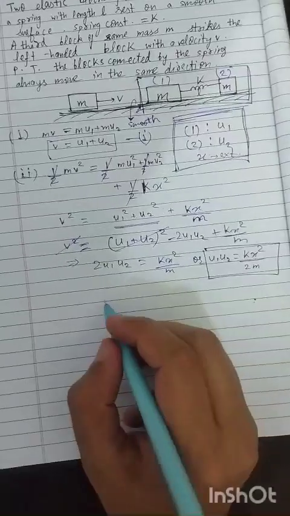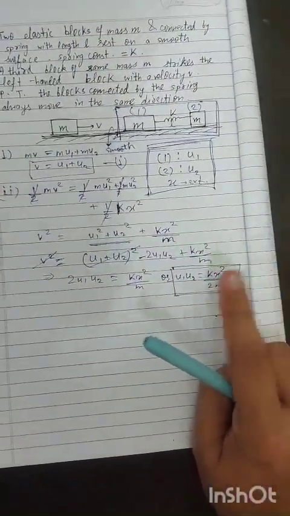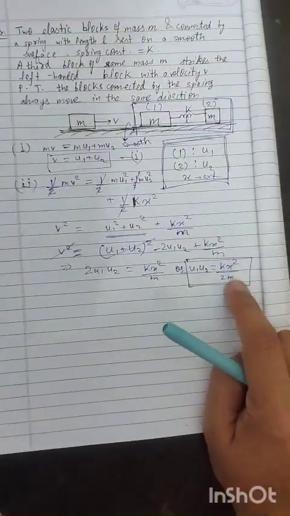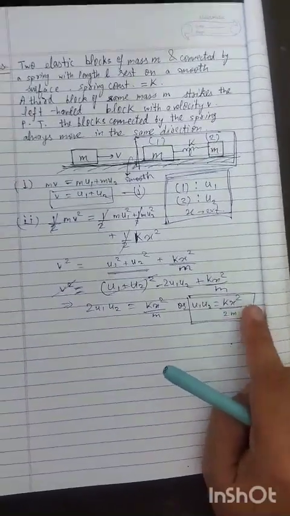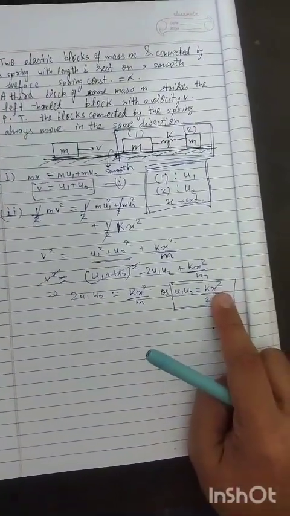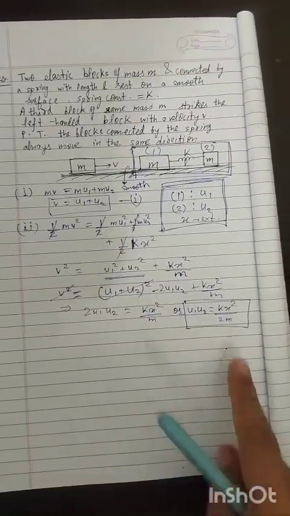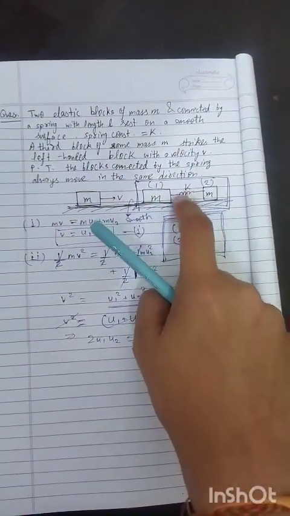Okay, now notice that this k is always greater than 0. It is positive. m is also always greater than 0. 2 is a constant, greater than 0. Now this x square after the collision is definitely non-zero. At the instant of collision there is no extension in this.